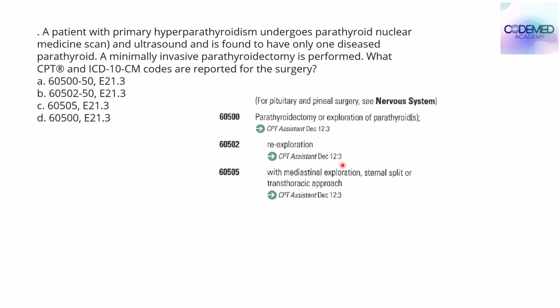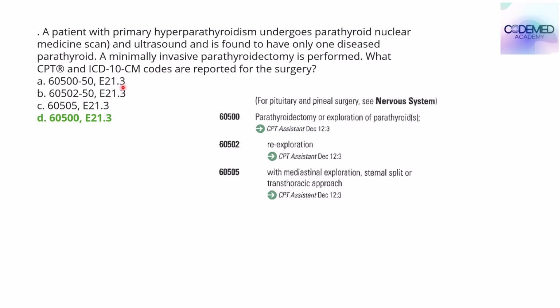No, they are exploring this parathyroid gland for the first time, because they have seen that the patient is having hyperparathyroidism. So tell me what's the answer. So yes, the answer will be 60500, and that is a parathyroidectomy, and E21.3 is the primary hyperparathyroidism.